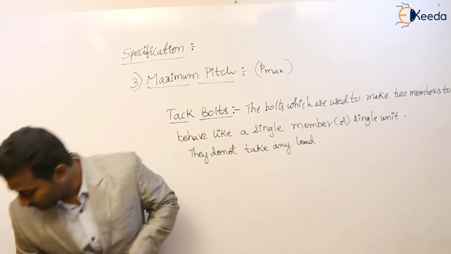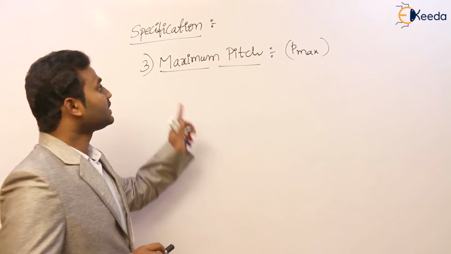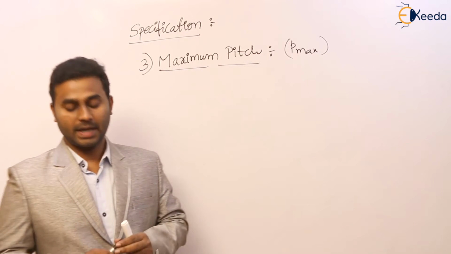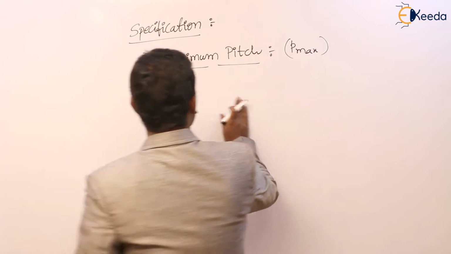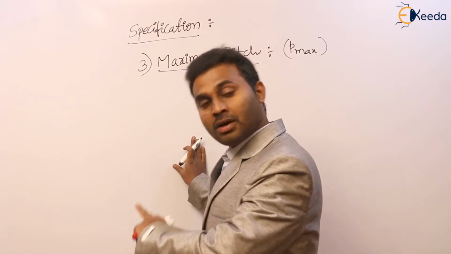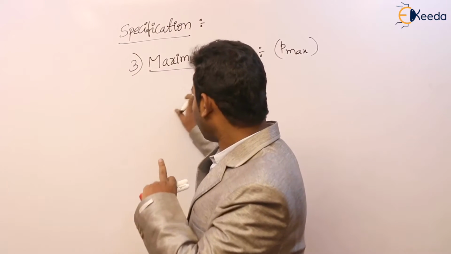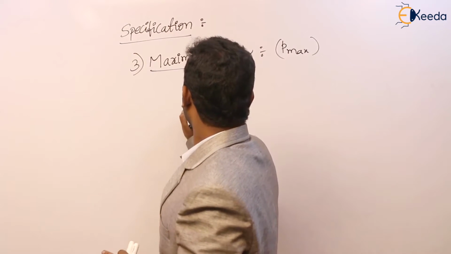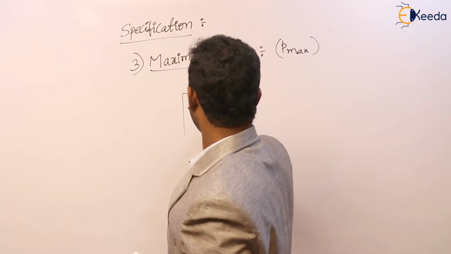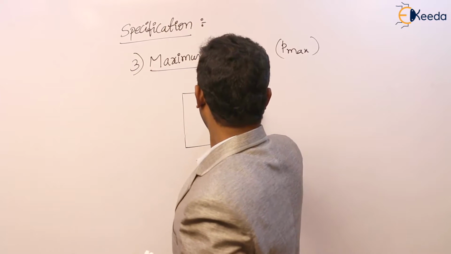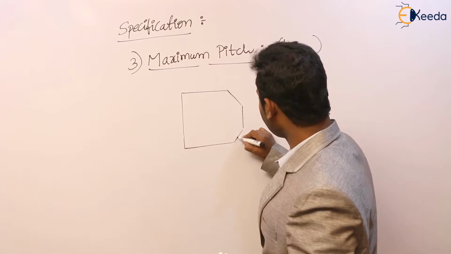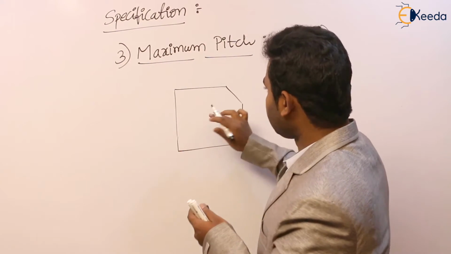Now the definition of tack bolt is done. Let's see the maximum pitch for tack bolts. For example, we are using plates connected with tack bolts. Assume that this is a gusset plate.